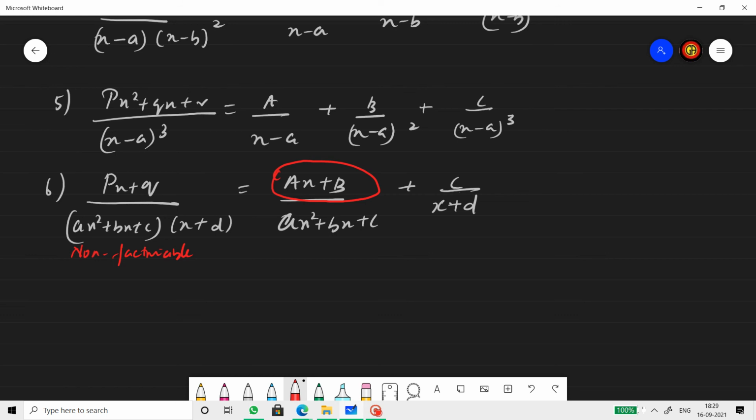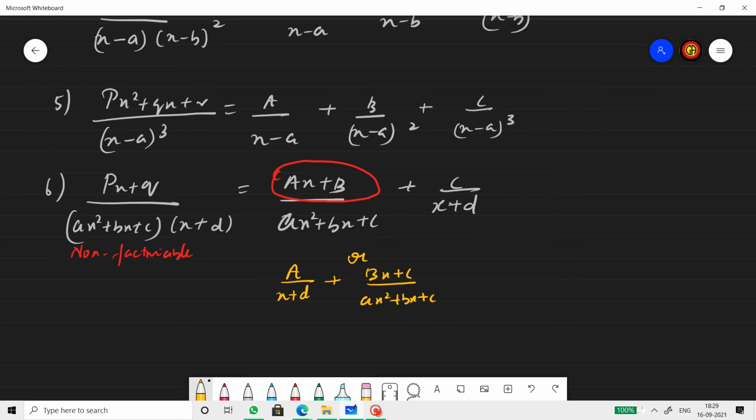Or I can write a by x plus d plus bx plus c divided by ax square plus bx plus c. Either this way, or we can even write it as a by x plus d plus bx plus c divided by ax square plus bx plus c. So this is how we split the sum.